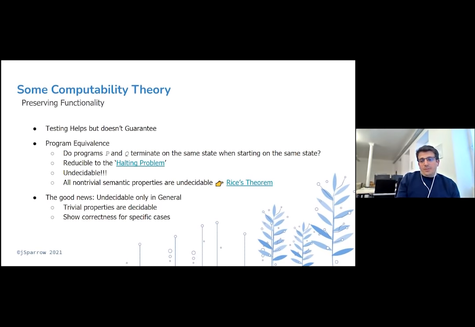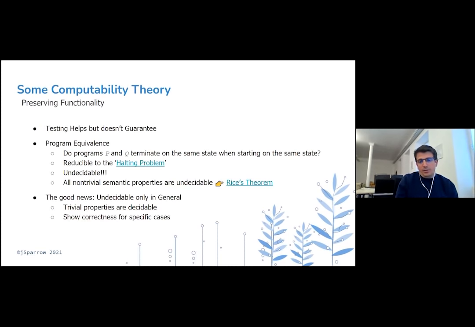The good news is that when we only do syntactic transformations on a code snippet, we are not too interested in behavior or semantic properties, but more in syntactic properties.